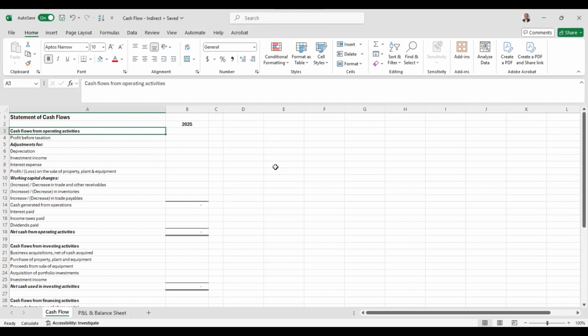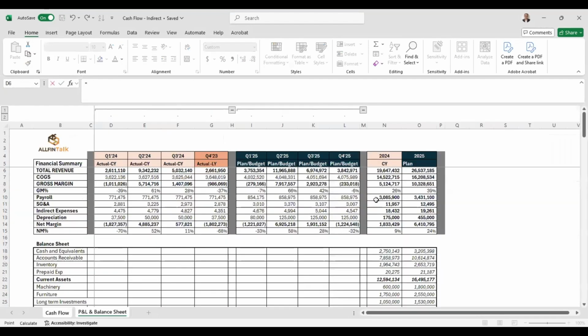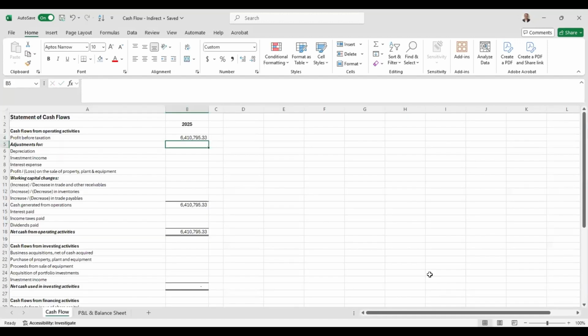the net profit. This is the profit before taxation. I would link it. I would go to the P&L. For 2025, this was my profit before taxation. I would link it, and it goes here.